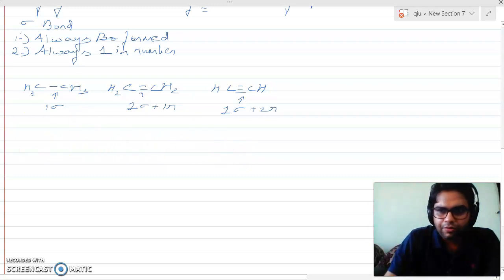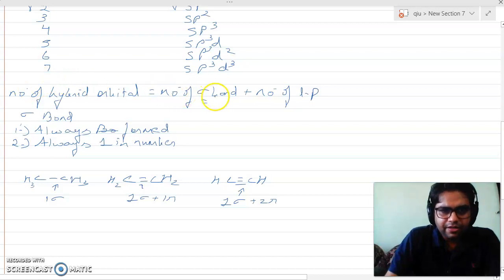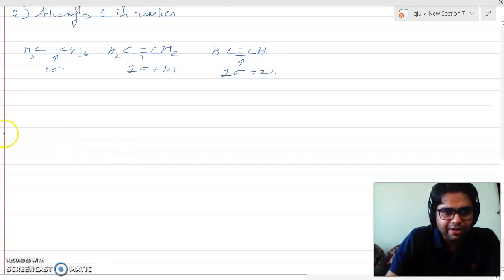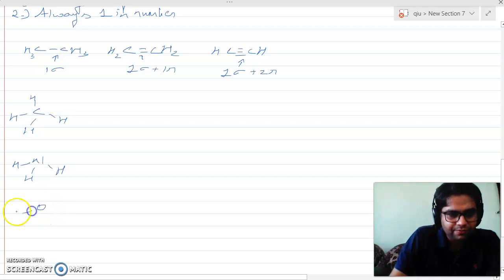So what I have written here: the number of hybrid orbitals is equal to the number of sigma bonds plus the number of lone pairs. If I am writing 3 examples here, say CH4, and then NH3, and then another molecule, water. Carbon has 4 valence electrons and all 4 are occupied by hydrogen, so there are no lone pairs.